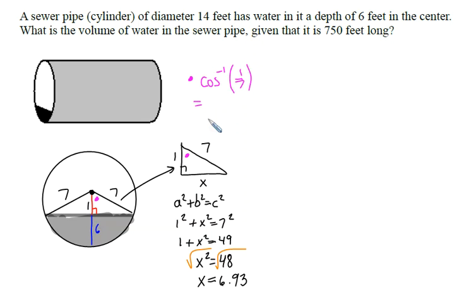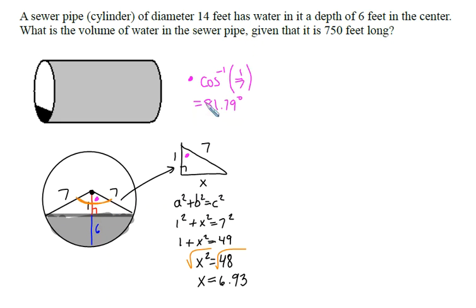So when we take the inverse cosine of 1/7, we will get that angle. And the inverse cosine of 1/7 is 81.79 approximately degrees.